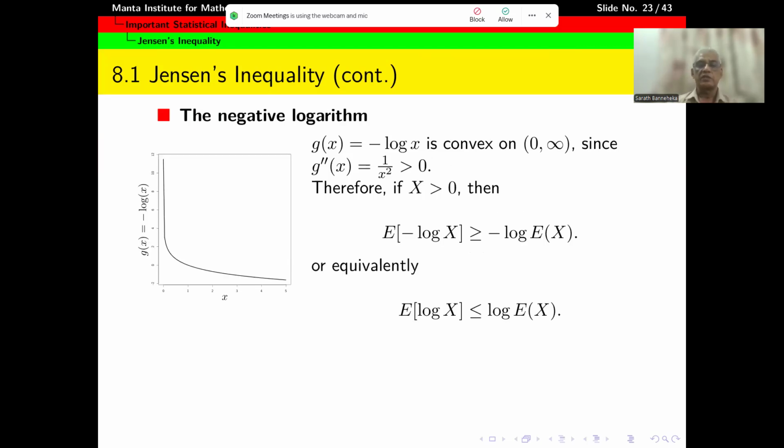If you consider g(x) equal to negative log x on this subset of the real line from 0 to infinity excluding 0, again, you can see that's a convex function. And therefore, the expected value of negative log of X should be greater than or equal to negative log of the expected value.